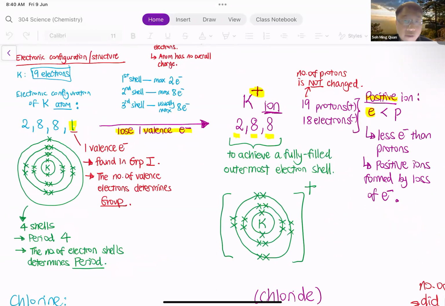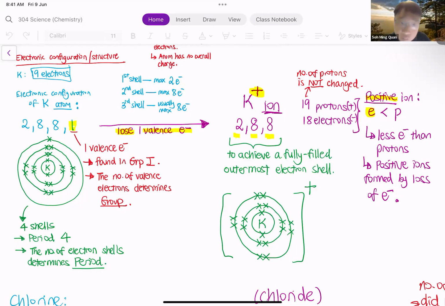Potassium forms its ion by losing 1 valence electron, and when you lose 1 valence electron, you become a positive ion. So positive ions are formed when the metals lose valence electrons. Losing electrons means there should be fewer electrons than protons. Therefore, the charge is positive, K+.